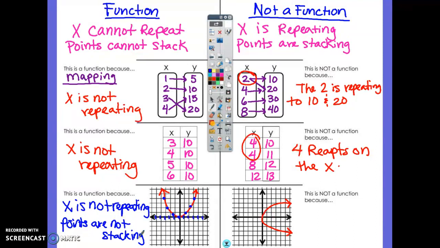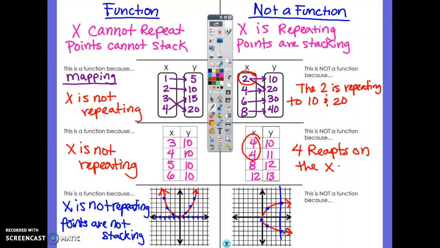Why is the one on the right not a function? The points are stacking. My x's are repeating, okay? If I draw points on this graph, this one is stacking on top of that one. If I draw a vertical line, it goes through 2 points.